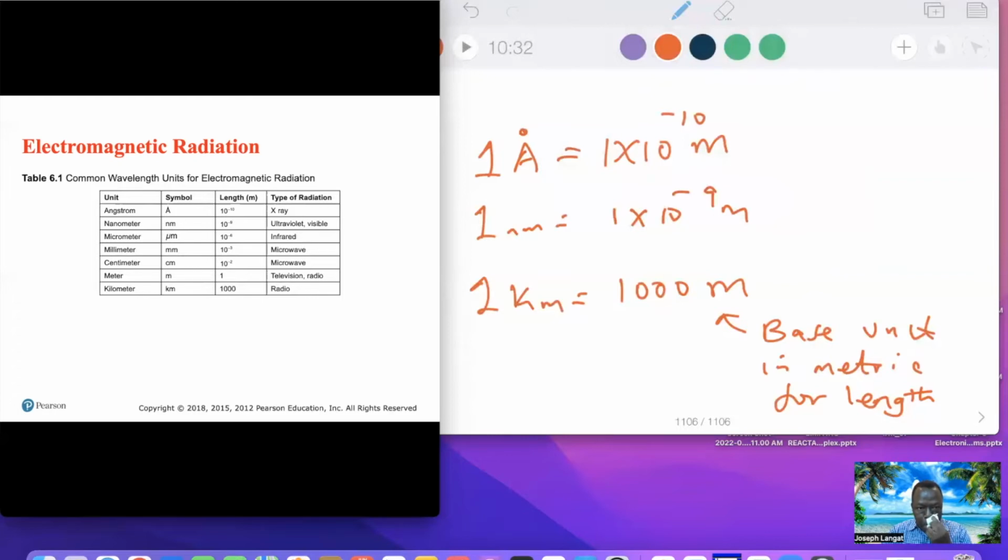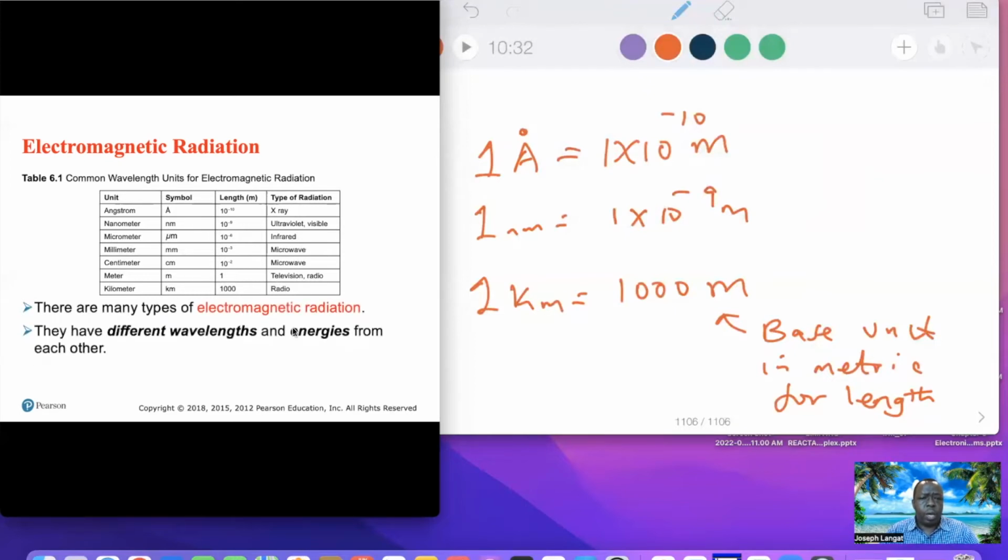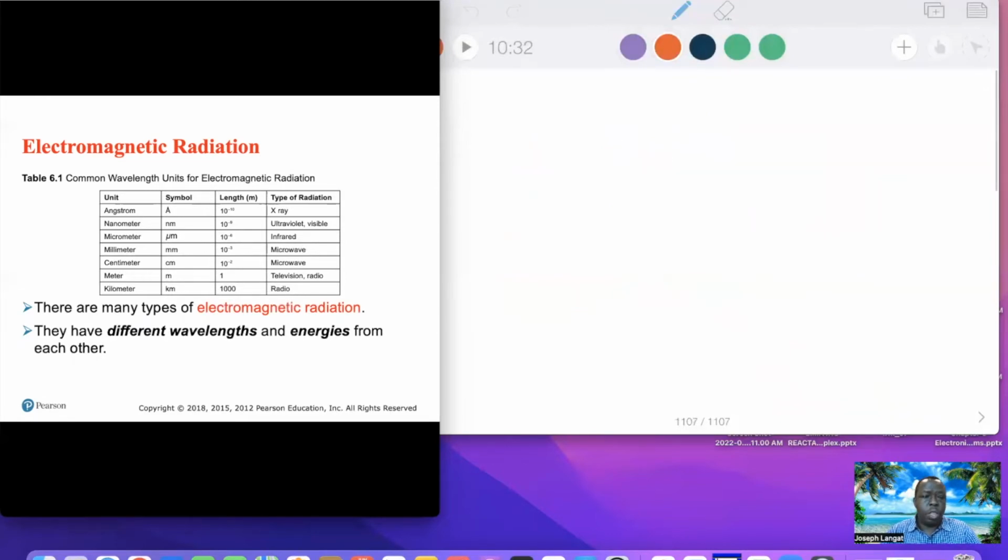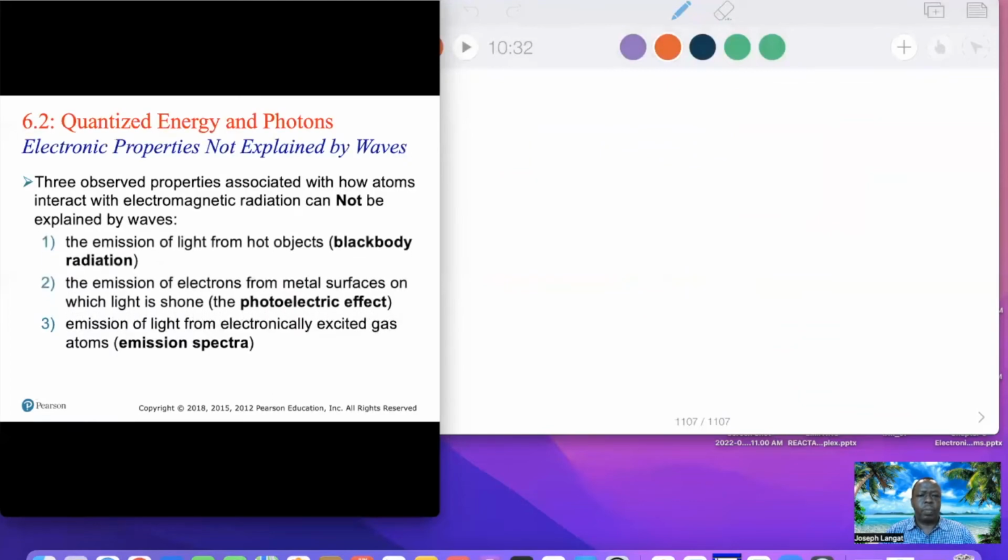This is just an example, but the most important thing is micrometer and so forth. Those are the units. You'll see many types of electromagnetic radiation. I want you to go practice more on how to use that equation.